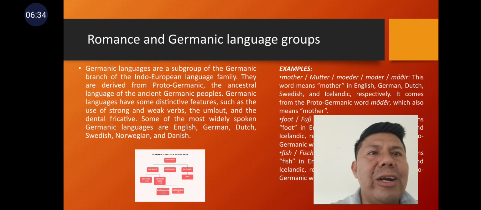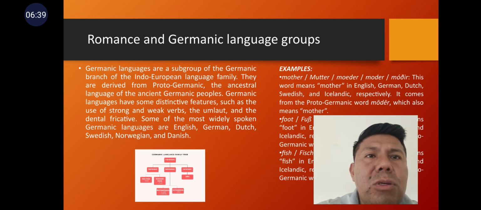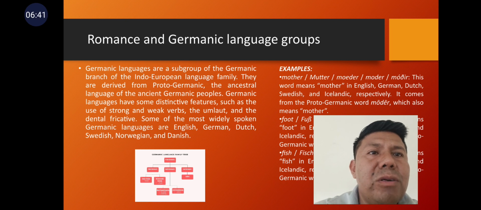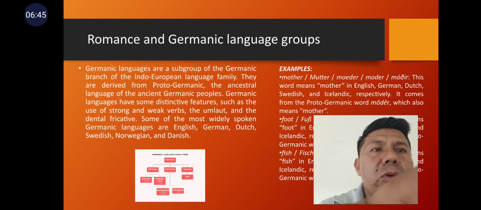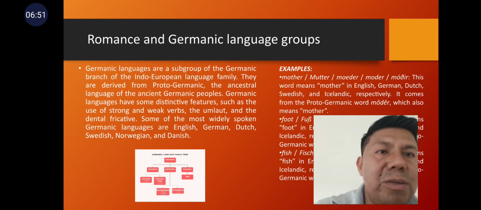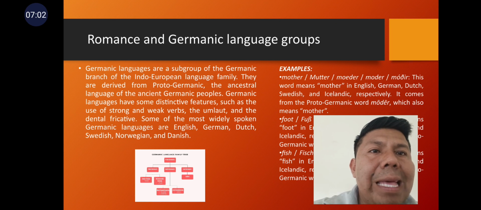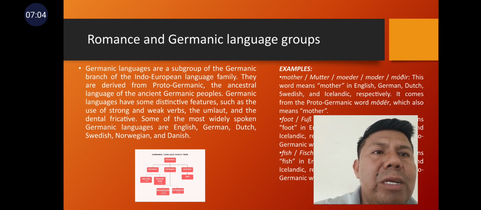And what about the Germanic language group? This subgroup of the Germanic branch of the Indo-European language family is derived from Proto-Germanic, the ancestral language of the ancient Germanic people.